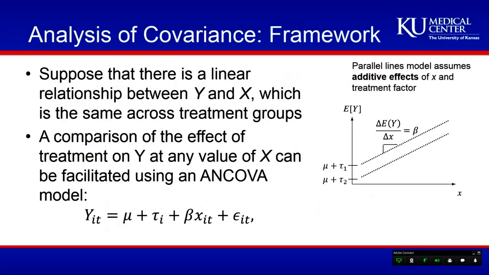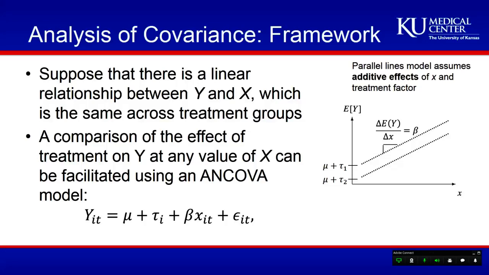One of the caveats to at least the simplest ANOVA model has to do with what that nuisance variable looks like in each of the quote-unquote treatment groups. So the framework here, I've shown you on the right.